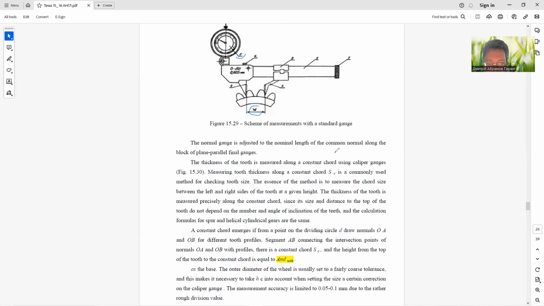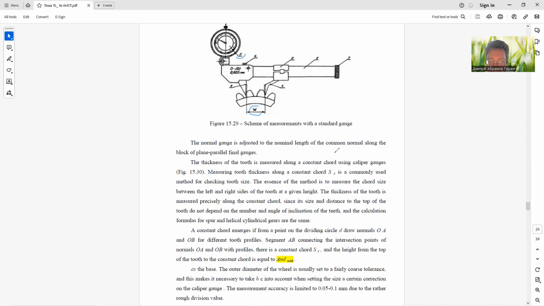The thickness of the tooth is measured along a constant chord using caliper gauges. Measuring tooth thickness along a constant chord is a commonly used method for checking tooth size.